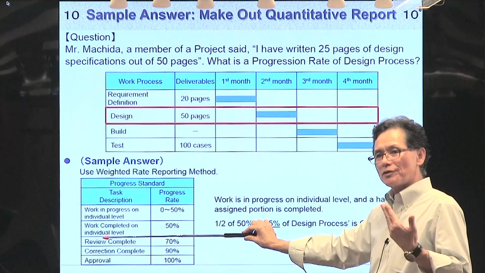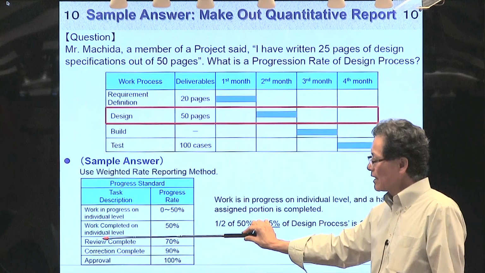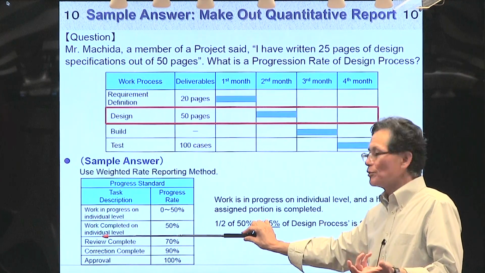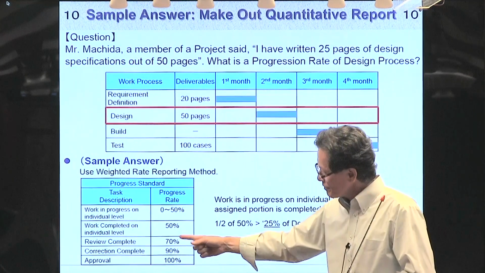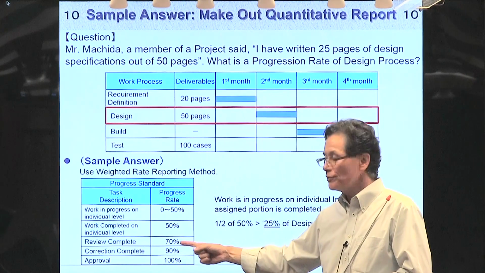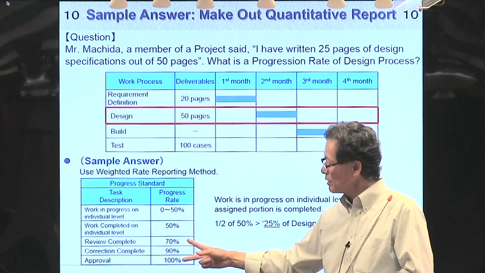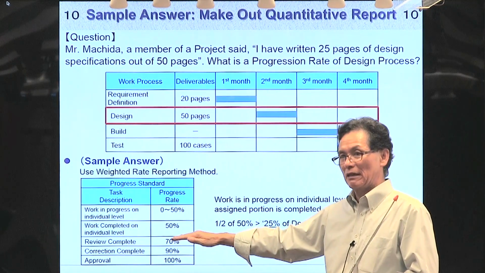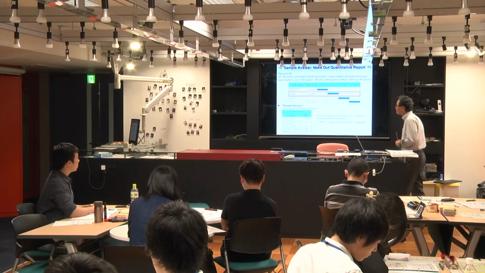But as a person in charge of this task, he or she feels much more has been done. But considering these post processes, review, inspection, approval, it's only 50%.